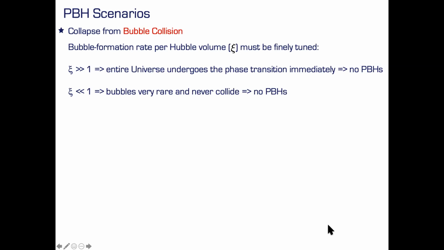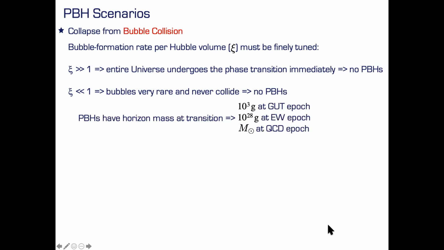If you have a too low bubble formation rate, you would be in a situation where these things very rarely collide. Remember, you need a large energy density in certain volumes, and this comes into play when you have the collision of these bubbles. And then you also get no primordial black holes.